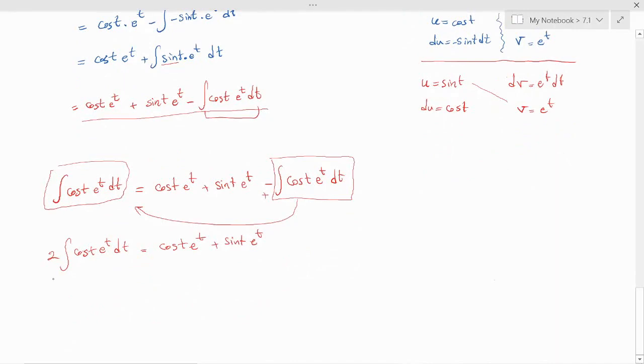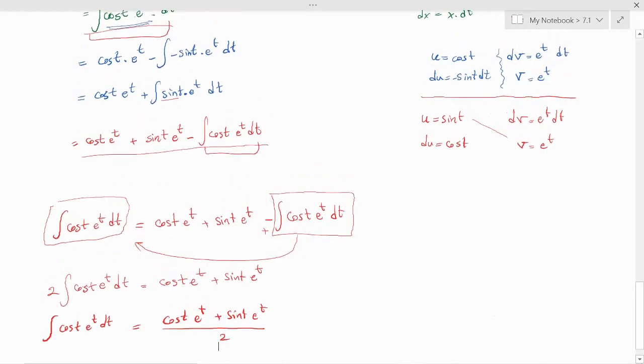So therefore, now I can figure out the integral of cosine t e to the power t dt. It is exactly that divided by 2 plus sine t e to the power t divided by 2.